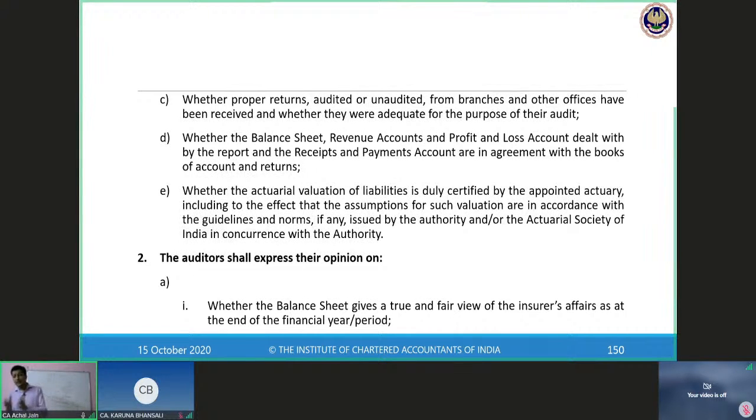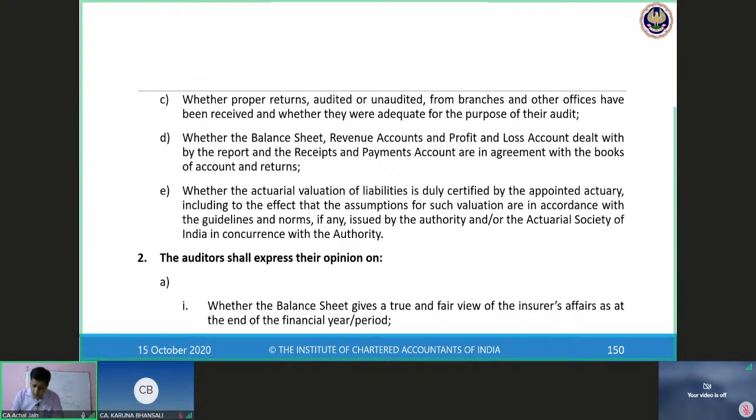Whether the balance sheet, revenue account, P&L account dealt with by the report, and receipt and payment account are in agreement with the books of accounts and returns. Whether the actuarial valuation of liabilities is duly certified by the appointed actuary, including to the fact that assumptions for such valuation are in accordance with guidelines and norms, if any, issued by the authority and or actuarial society.